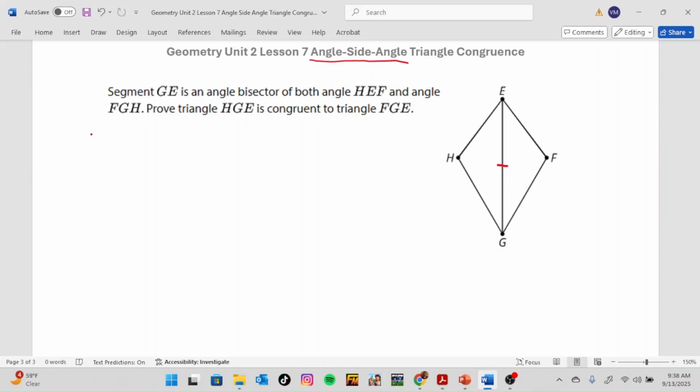So EG is congruent to EG because they are the same line. So I have my side. Now I need my angles.